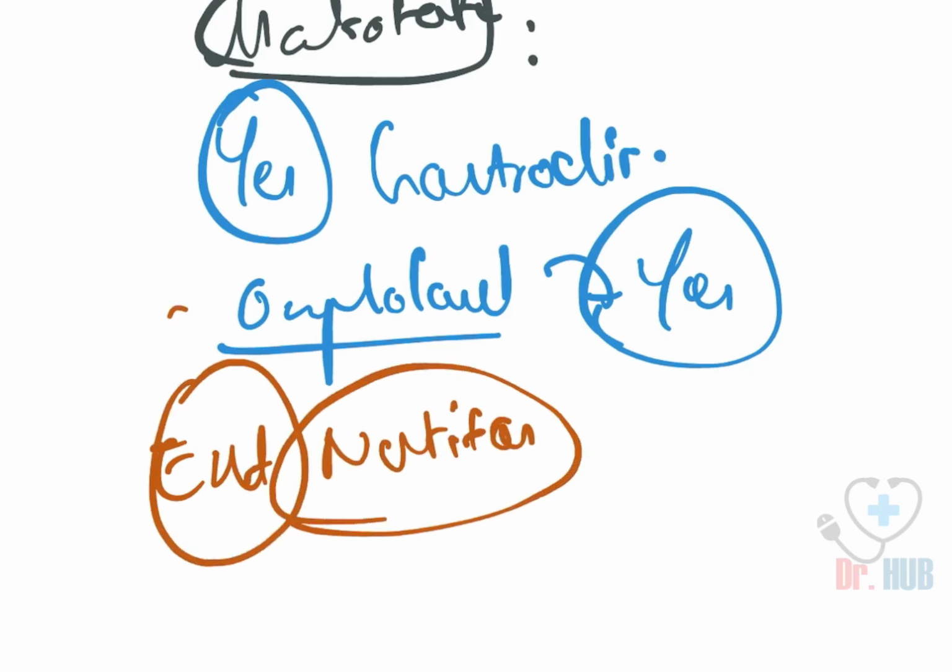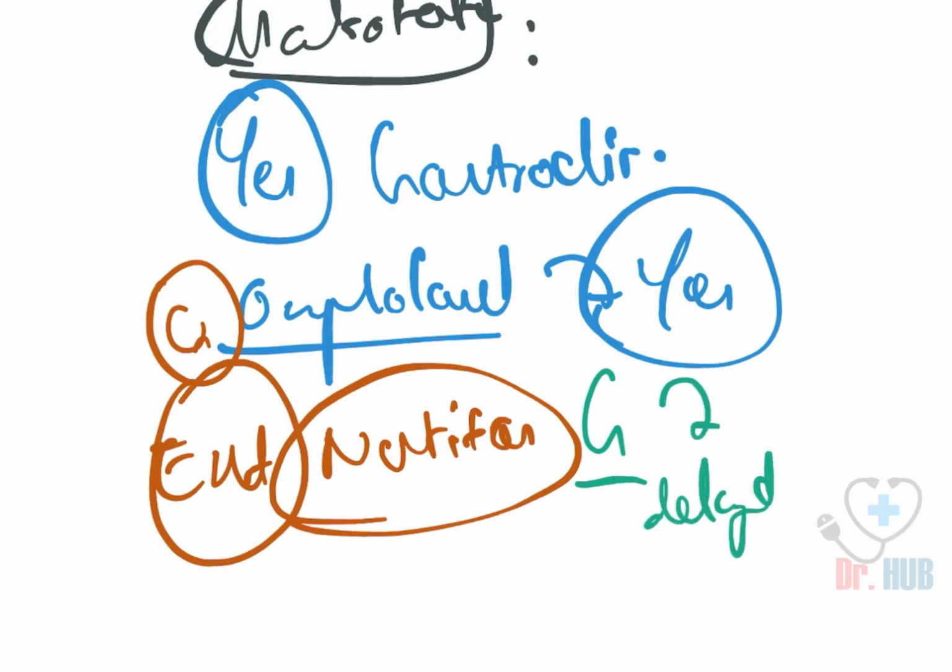The third question we asked was, what is the status of enteral nutrition in gastroschisis and Omphalocele? In gastroschisis, it was delayed, and in the Omphalocele, the enteral nutrition is normal.